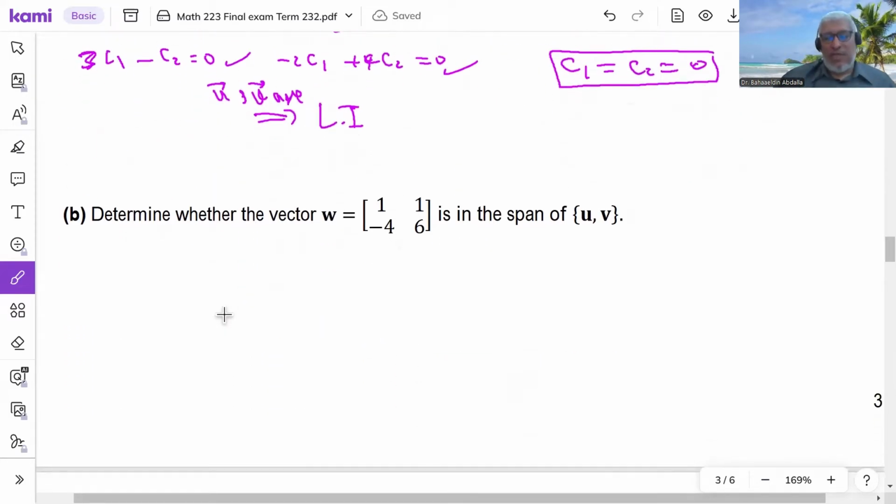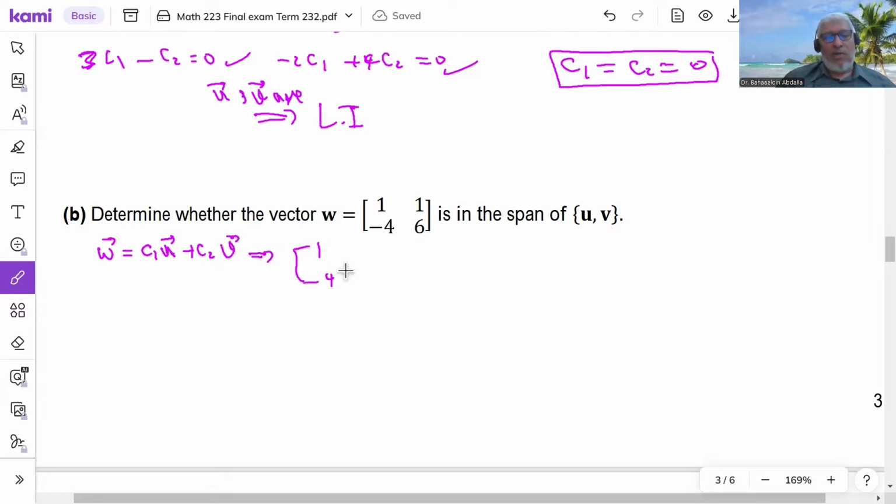Determine whether this vector is in the span of u and v. Well, this vector will be in the span of u and v if I can write w as c1 times u plus c2 times v.